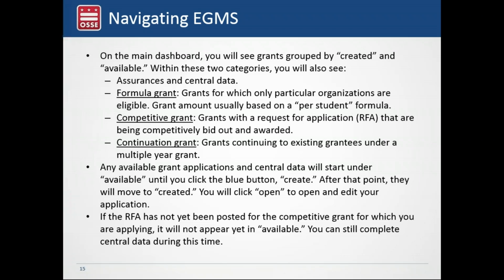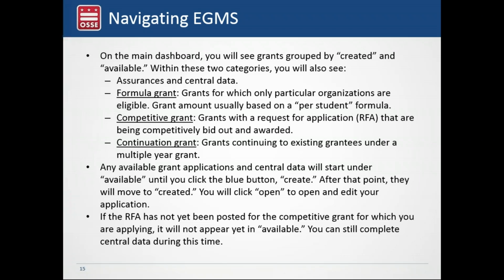In early learning, pre-K is generally a formula grant because the only organizations that are eligible have to receive the high quality designation, and then their award amount is based on a per child formula. A competitive grant has a notice of funding availability and an RFA. It has external reviewers that are reviewing and scoring. This year, the Quality Improvement Network grant is a competitive grant.